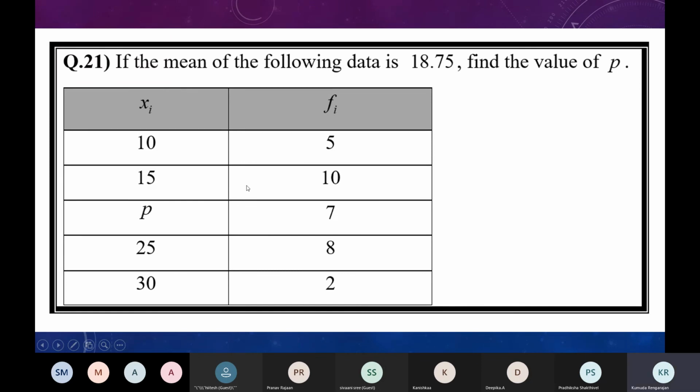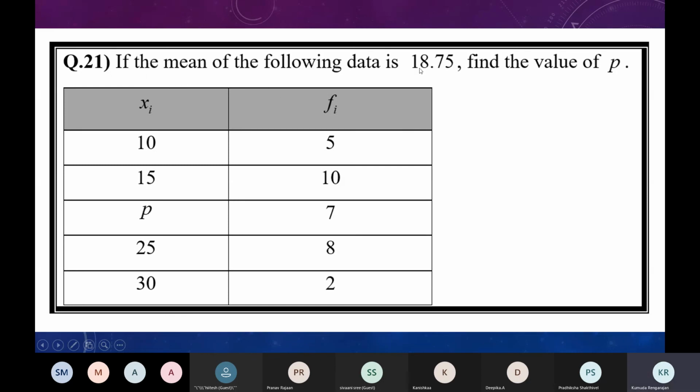If it is for 1 mark, you can just guess it like this. So 10, 15, 20, 25, 30. Mostly 20 it should be, but we'll just see.